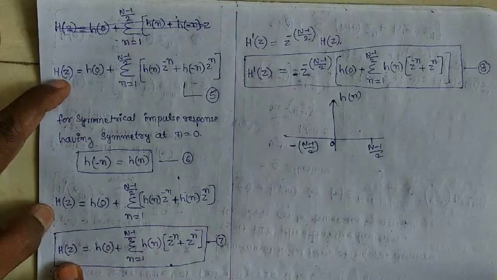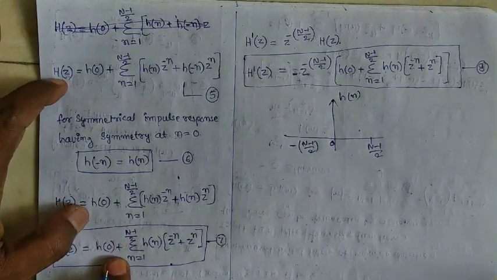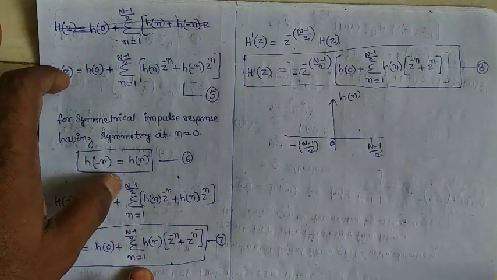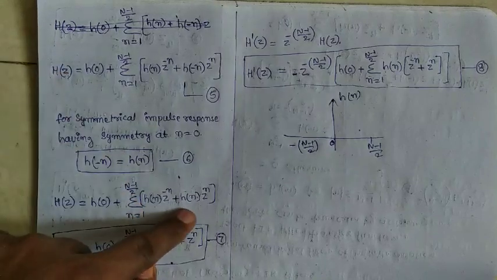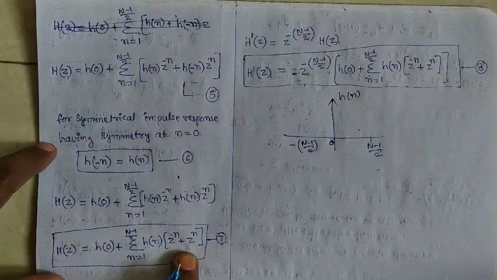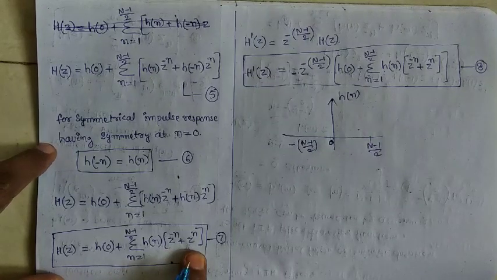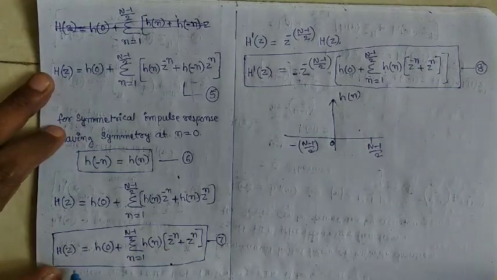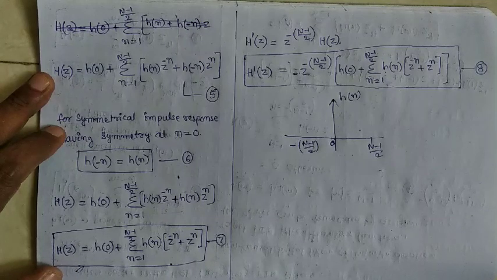Here in these two terms, the common factor is h(n) times (z to the power minus n plus z to the power n). Actually, this system is not physically realizable.